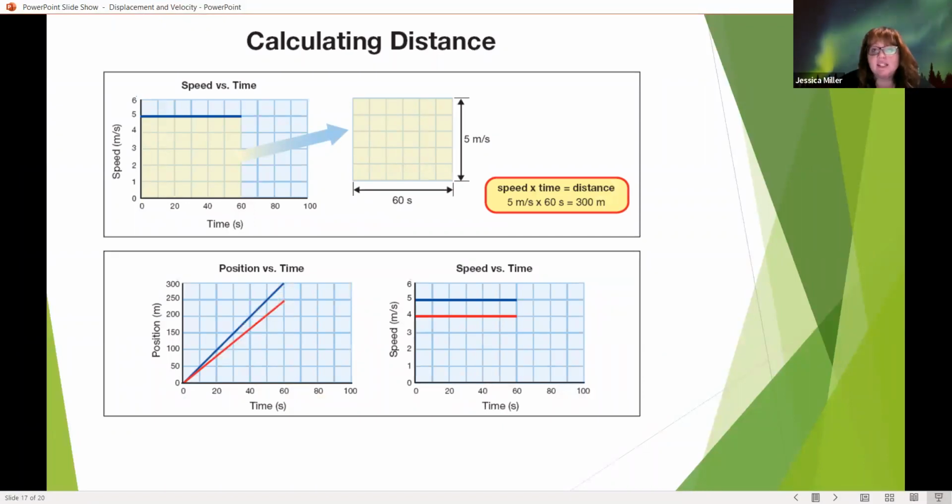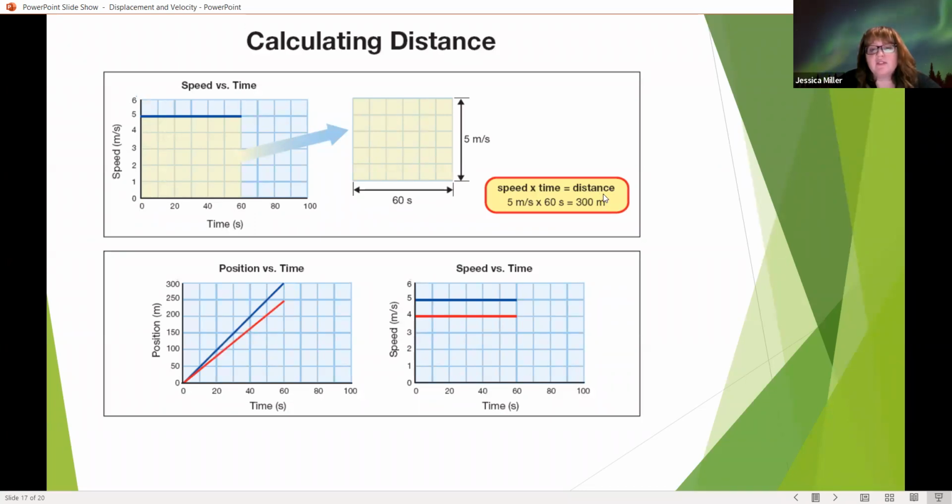Now, to calculate distance, if we take a velocity graph and work backwards, notice this has speed on the y-axis. This shows a constant velocity. It's not changing. It's 5 here, 5, 5, 5. If I take 5 meters per second multiplied by 60 seconds, then seconds cancel with seconds, so we get 300 meters, and meters is a unit of distance.